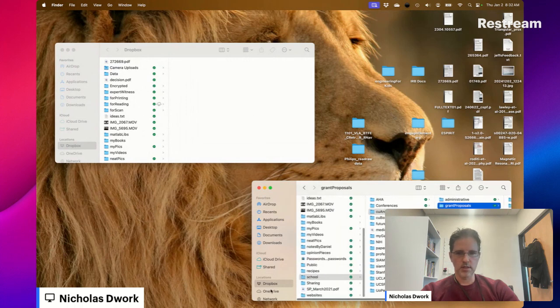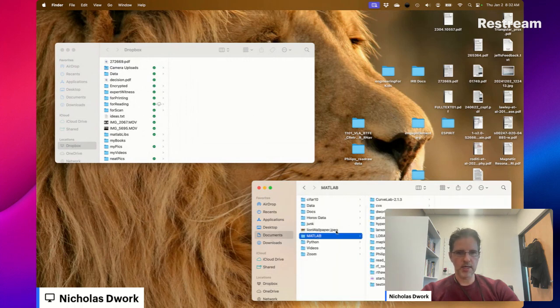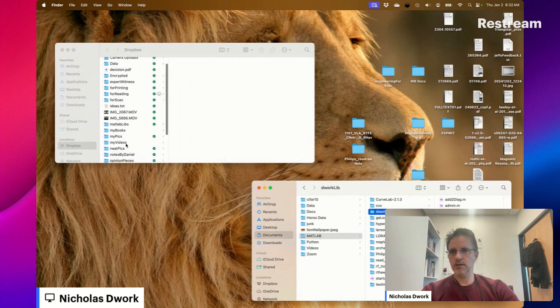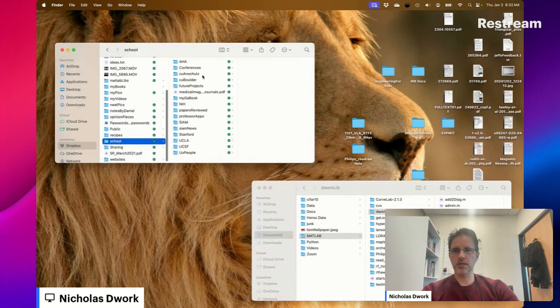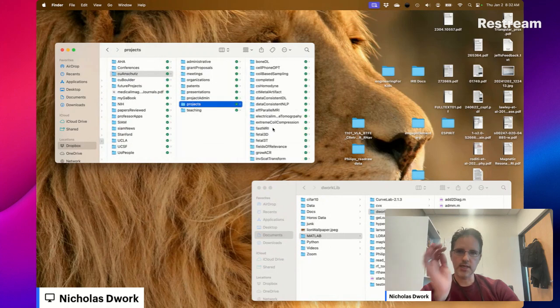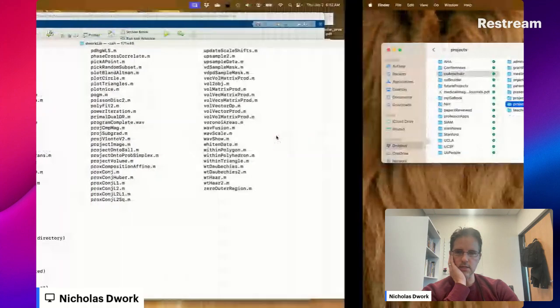No. Documents, MATLAB, dworklib. Over here we got Dropbox schools, CU Anschutz, projects, and what on earth did I call this thing?